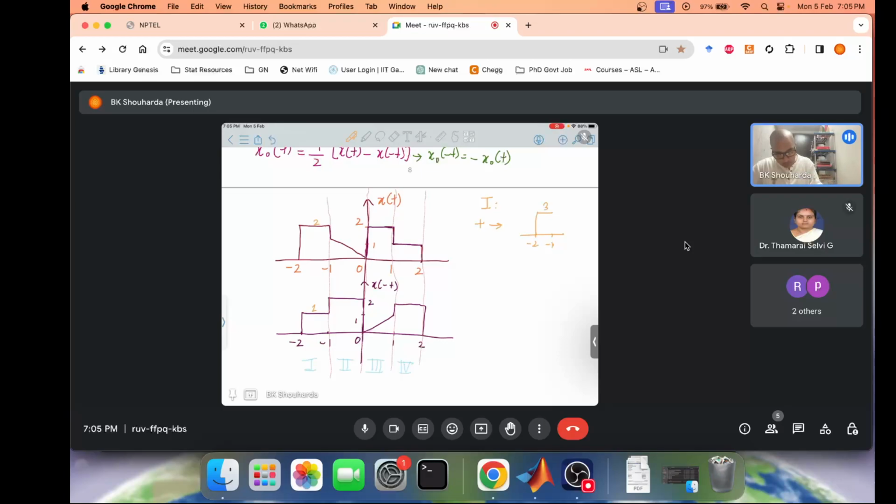And then there's a fall from 2 to 1, and there's a rise from 1 to 2. So the two cancel each other and it will remain at 3. And if I subtract them, x of t minus x of minus t, I do 2 minus 1.